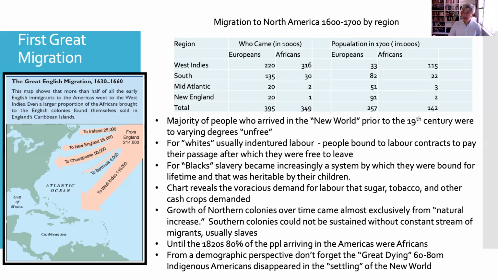But look at the numbers of Europeans who arrive, and it's the only region that has more people left at the end of that period than who originally arrived. And so this is natural increase, right?